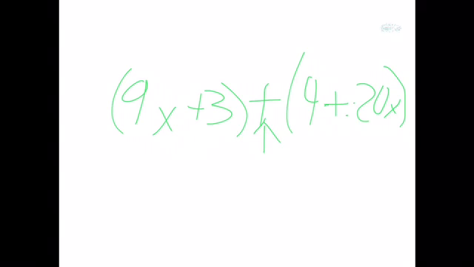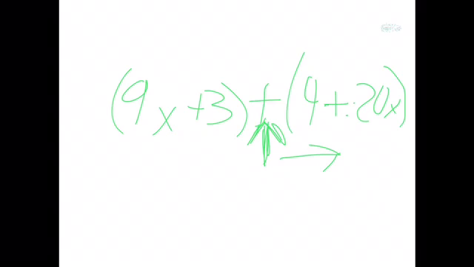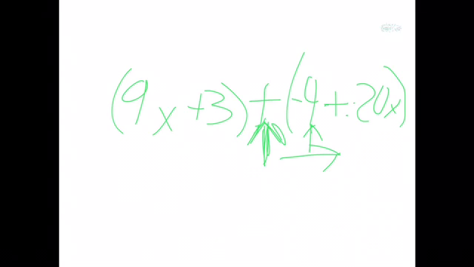Once you make that a plus, the numbers past your plus you have to make the opposite. So this 4 needs to be negative 4, and 20x needs to be negative 20x. You got that?